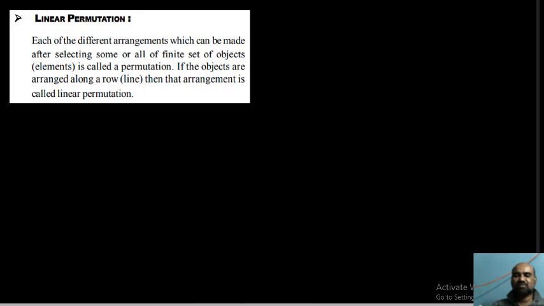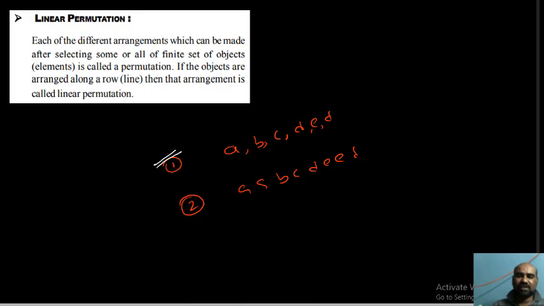So here also, listen all of you: A, B, C, D, E, F, 6 different objects are there. That is case 1. Case 2: A, B, C, D, E, F with some repeated. What I am trying to explain is that in case 1 all objects are different, and in case 2 some objects are alike.